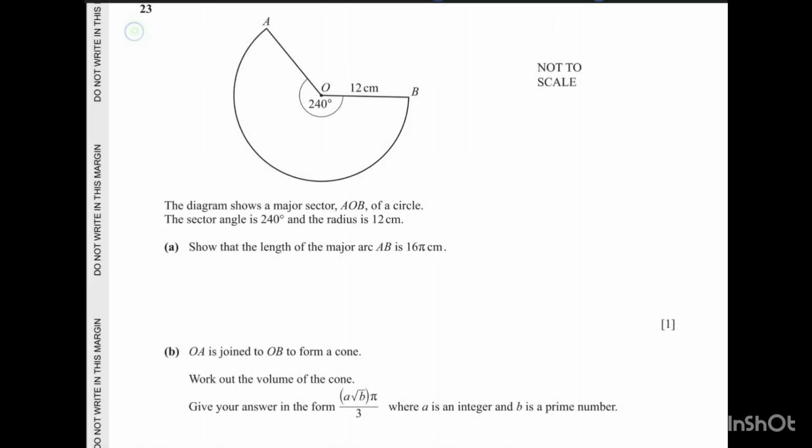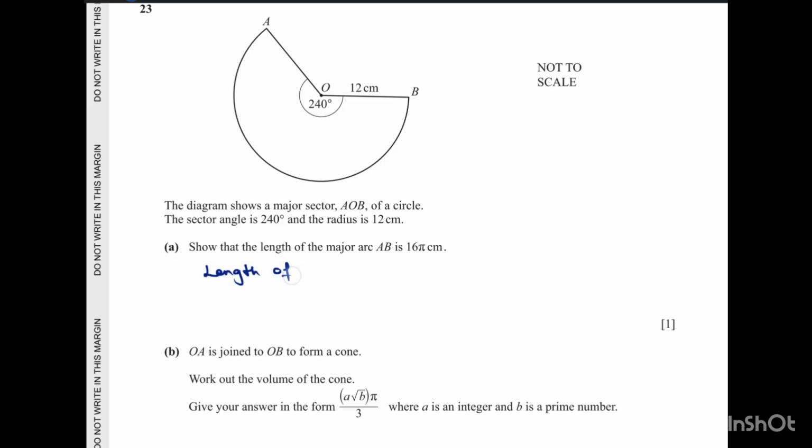Question number 23. The diagram shows a major sector AOB of a circle. The sector angle is 240 degrees and the radius is 12 centimeters. Question A. Show that the length of the major arc AB is 16 pi centimeters. The length of the arc will be theta by 360 into 2 pi r.